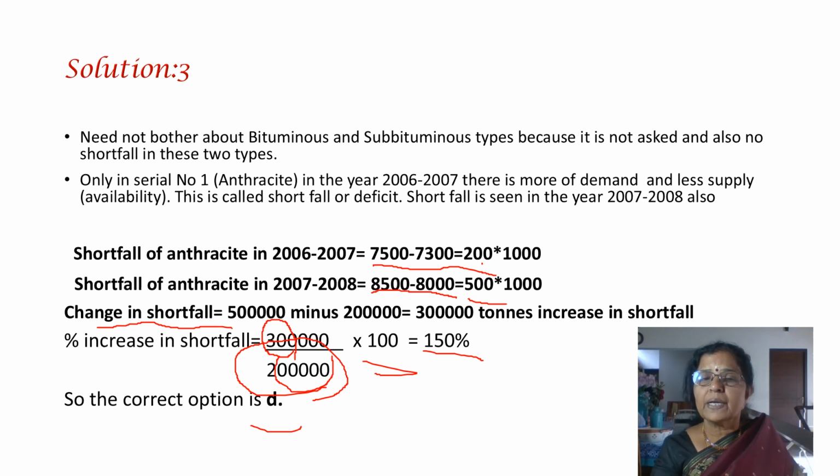So you might be wondering here, how could there be 150%? Percentage is per cent. Cent is 100. So how can it be more than 100? Sometimes there can be 150, 200 or 300 percentages.